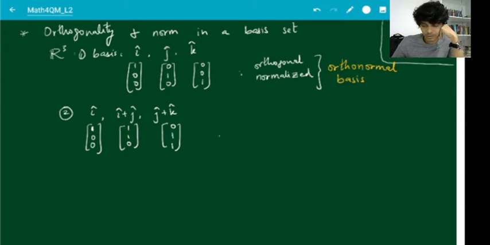Are they orthogonal? No, they are not, because if you take the dot product of these two, you will get 1. So not orthogonal. And they are also not normalized because the first vector has norm 1, but this one and this one don't have norm 1, they have norm root 2. So they are also not normalized.